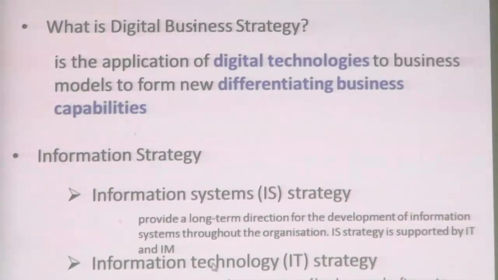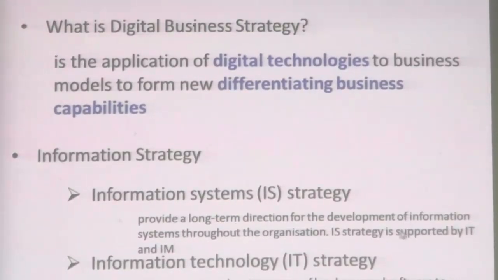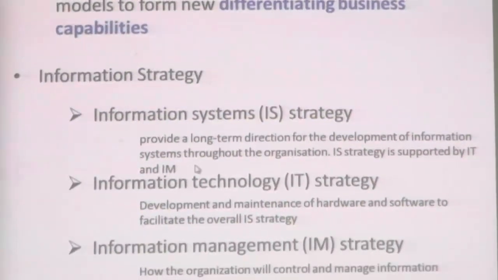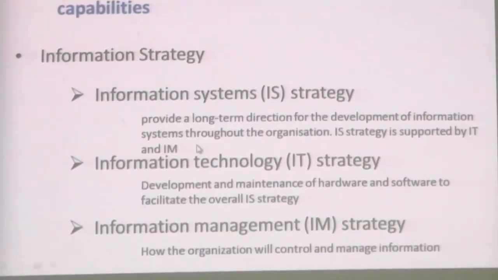Before talking about IT strategy, as you can see with the mouse pointer, information strategy, IT and information management, IM. These two strategies will support this IS strategy, right. So IS strategy is the long-term direction for the information systems that run in the organization.